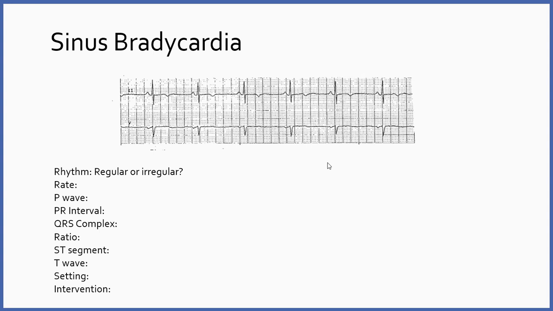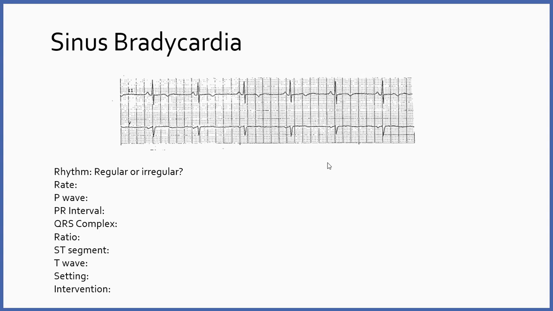Hypothyroidism, increased intracranial pressure, conduction system problems, heart attack, and medications can slow the heart rate down. Examples of medications that are negative chronotropes, which means they slow the heart rate down, are calcium channel blockers, beta blockers, and DIG.